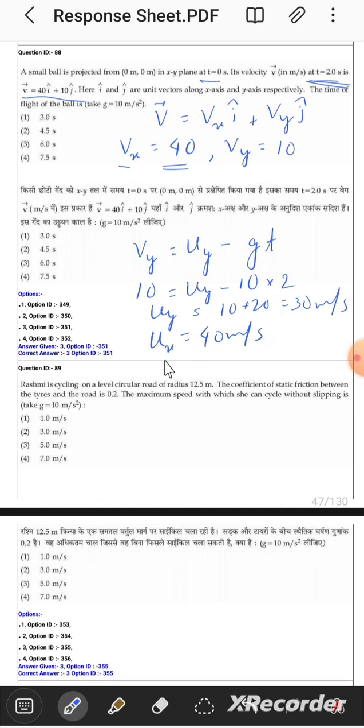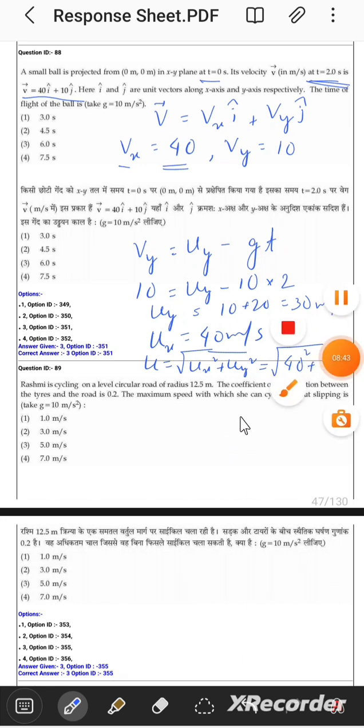So the resultant velocity is root over of ux square plus uy square, equals root over of 40 square plus 30 square.